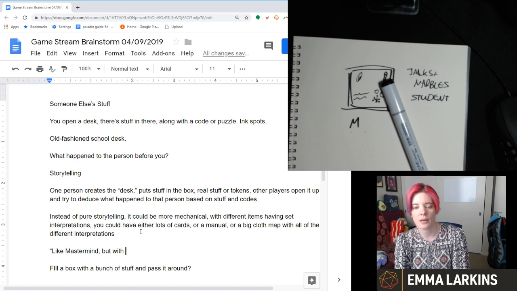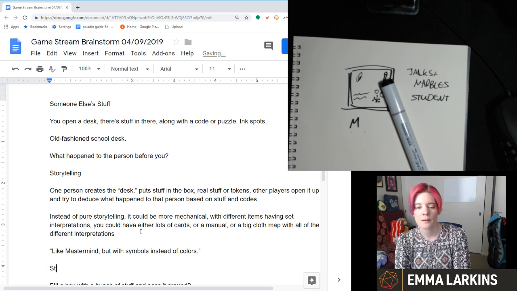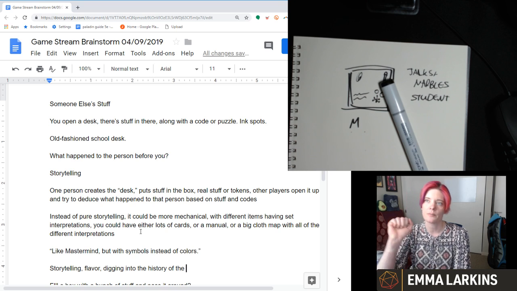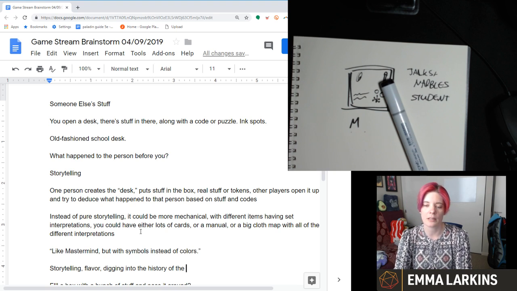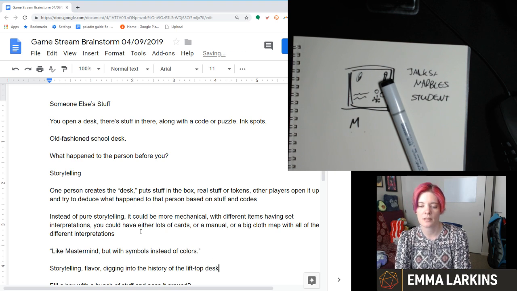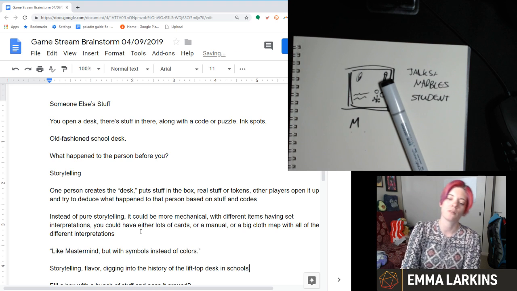So, oh, we were saying, like Mastermind, but with symbols instead of colors. Storytelling, flavor, digging into the history of, I wonder what that desk, of the lift top desk in schools.